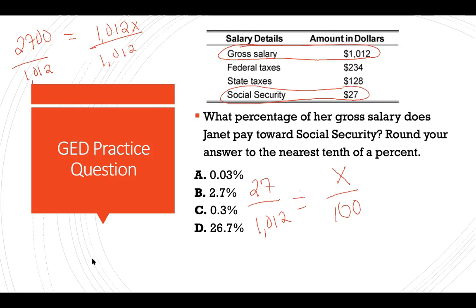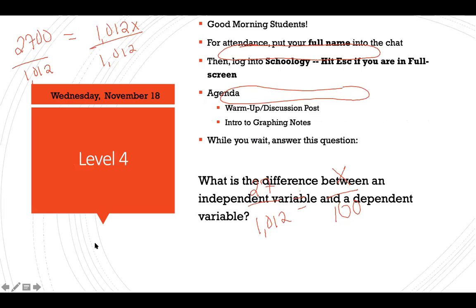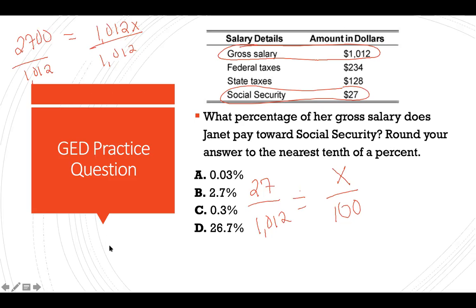Let me bring it back. We would get x is equal to 2.67%, which it says we have to round to the nearest 10th of a percent. So our answer should be 2.7%. That's one way to do it.